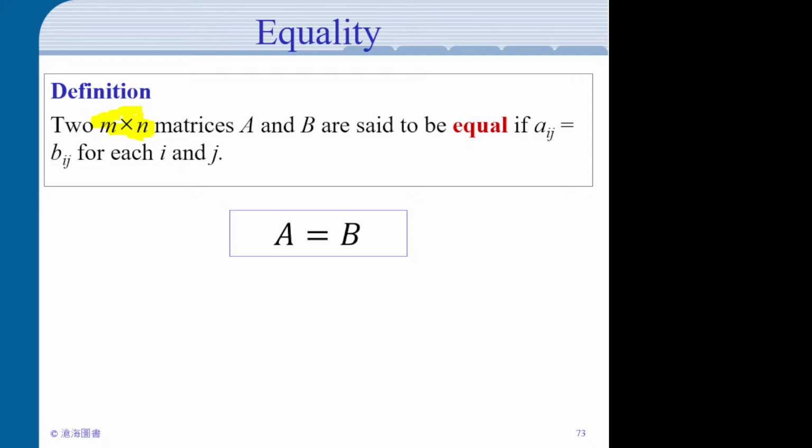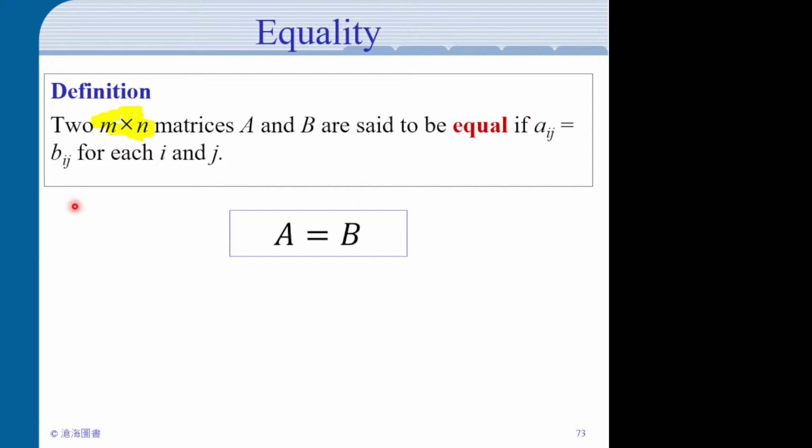So if those two matrices with the same dimension are equal, then all of the coefficients are equal, right? And that's pretty obvious. So all those Aij equal to Bij.